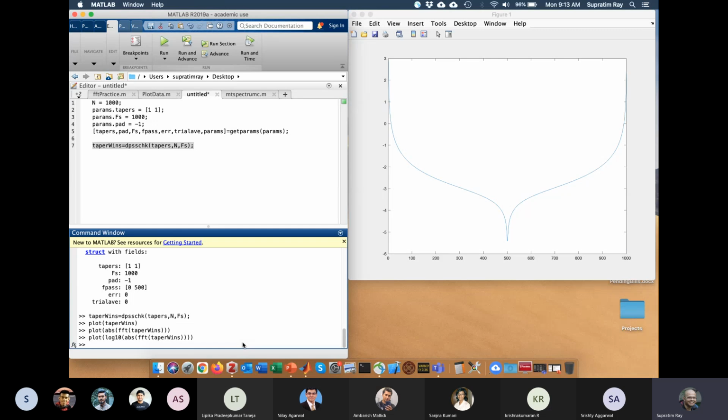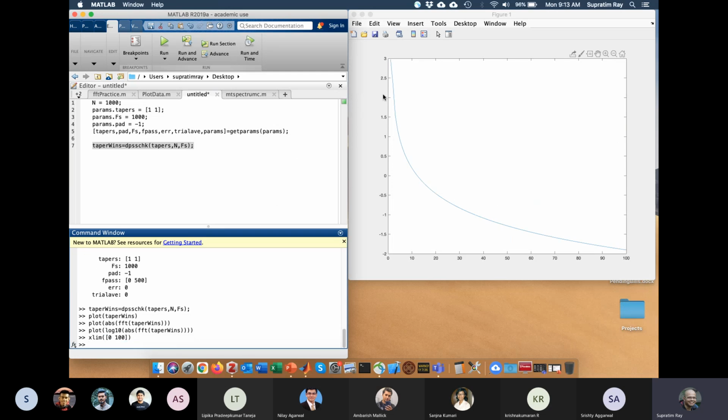This is the window when you had a single taper. And you can see, it's symmetric about 500 because the sampling rate is 1000. So let me just do xlim 0 to 100.